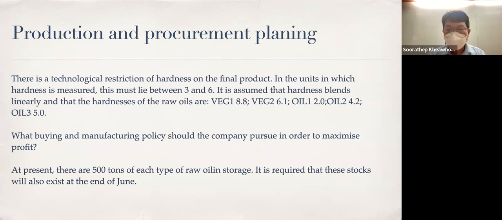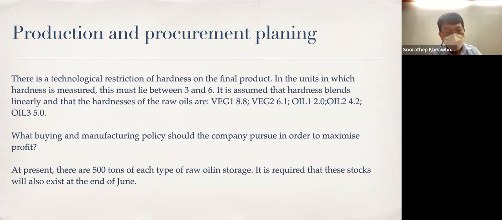And it is assumed that the hardness blends linearly, and that the hardness of the raw oils are WEC 1 is 8.8, WEC 2 is 6.1, oil 1 is 2, oil 2 is 4.2, oil 3 is 5. Okay. Linearly proportional.